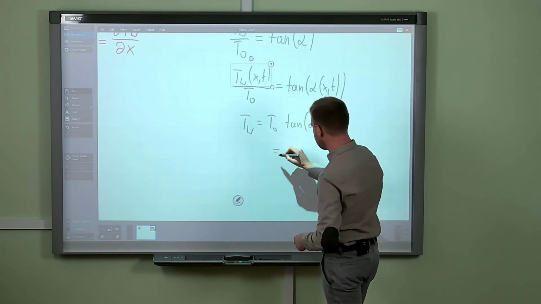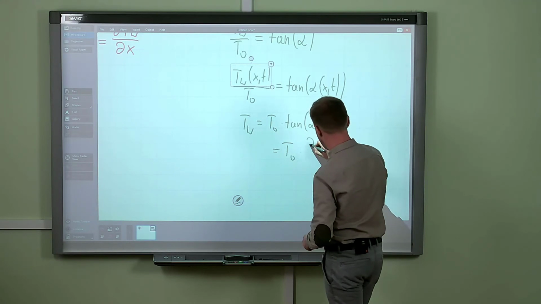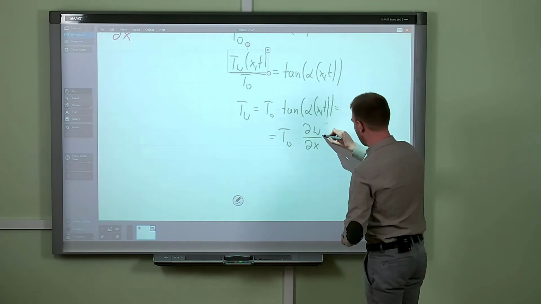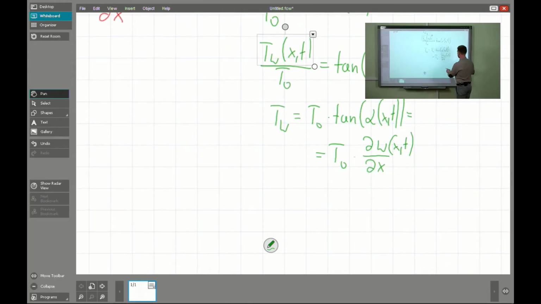I mean, Tw can be expressed as T0 times the partial derivative of w over x at the point x and t.